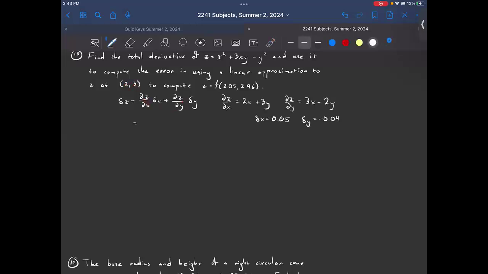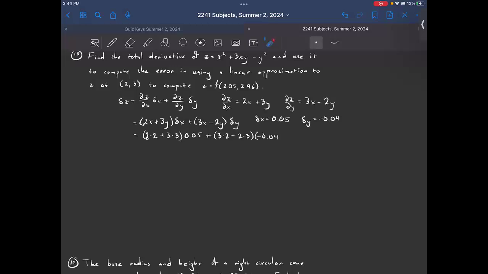So we've got 2 times x plus 3y delta x plus 3x minus 2y delta y, and like I said, plugging everything in, we get 2 times 2 plus 3 times 3, and then delta x we know is 0.05, plus 3 times 2 minus 2 times 3, and times minus 0.04.